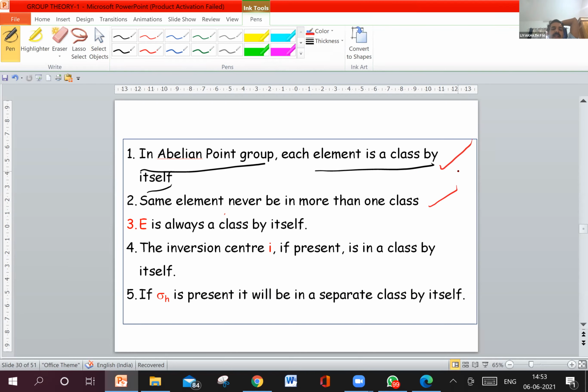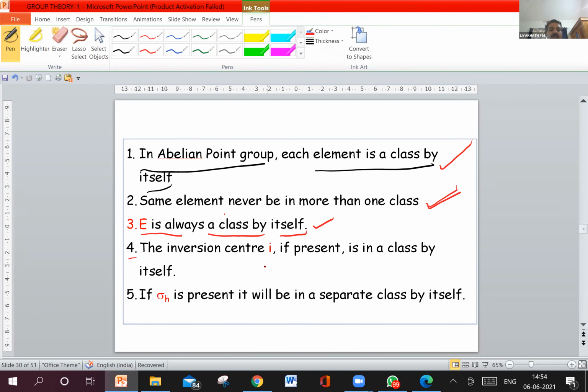Of course, an element present in one class is never in another class, because that is against the properties of the conjugate elements, which we already studied. So the same element is never in more than one class. And E is always a class by itself. We have already studied this point. E is always a class by itself.